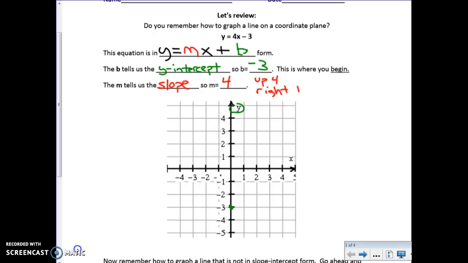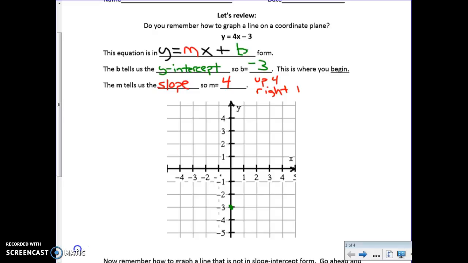So we're going to start where we placed our y-intercept at -3, and then we're going to go up 4 units. So just like a board game, you're going to go up 1, 2, 3, 4, and then you're going to go right 1 unit.